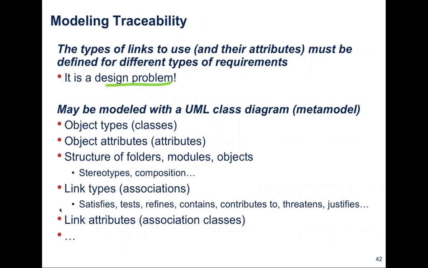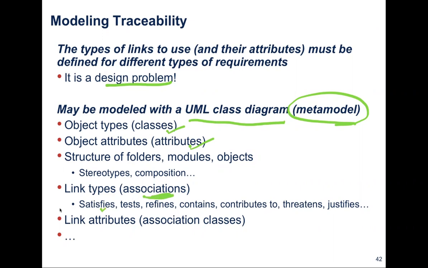Actually, we have seen a lot of modeling techniques so far that will help in modeling traceability. Some of them, which we have learned before, relate to UML class diagrams. More or less, we are building a meta model here, such that object types would be considered classes, and object attributes would be the attributes of the requirements. The structure of folder, module, and objects will help in the composition of requirements. And of course, the link types in the class diagram will help in identifying associations between requirements.